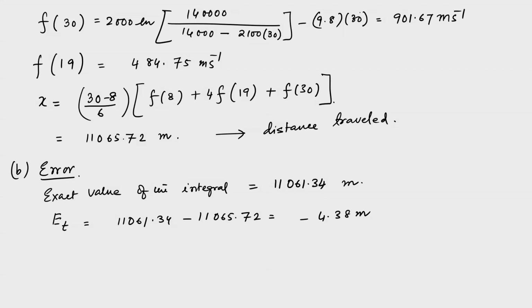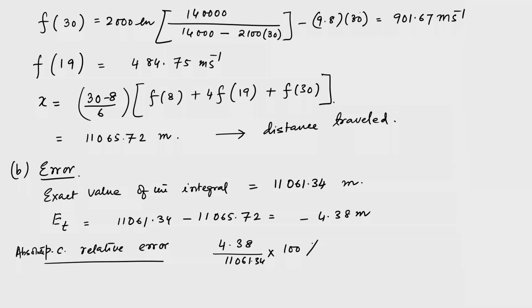So, the percentage relative error is 4.38, and I will take the absolute value, so I will not take the sign here, divided by 11,061.34 into 100 in percent, and it gets only 0.0396%.